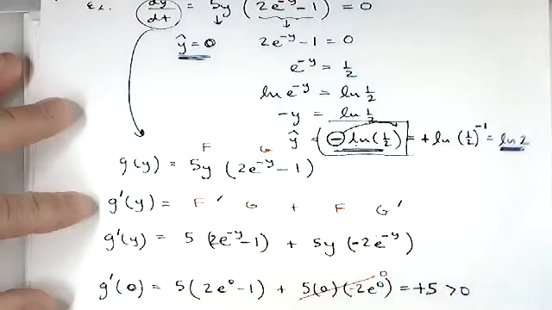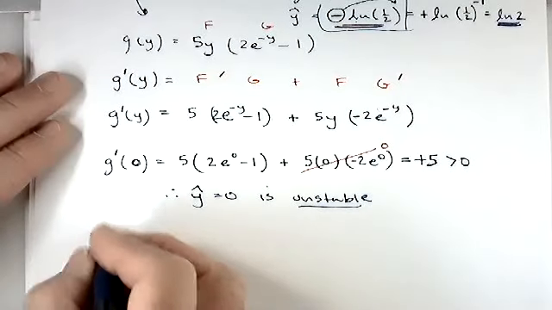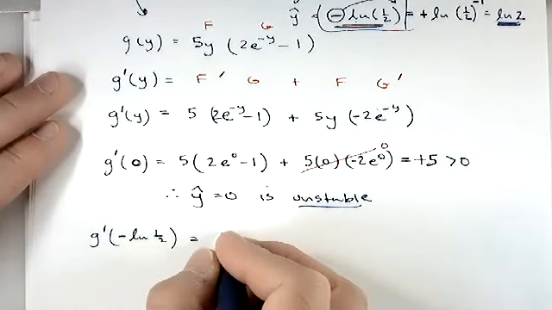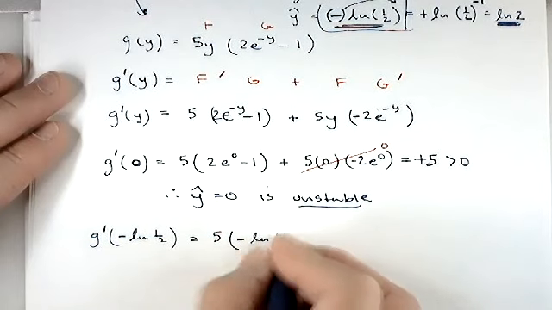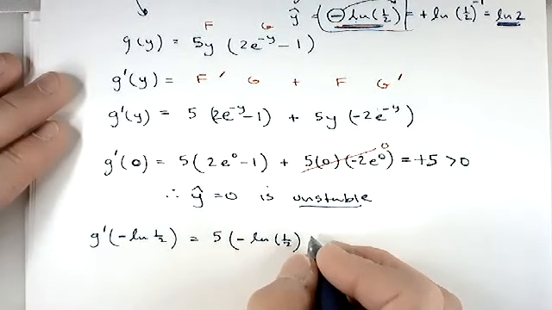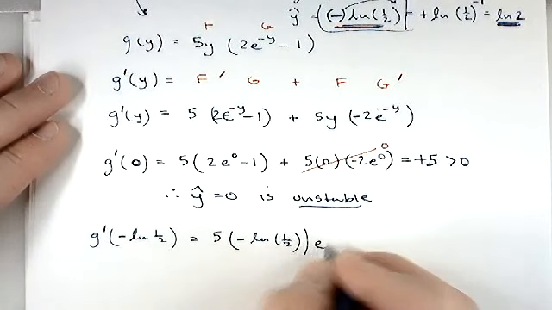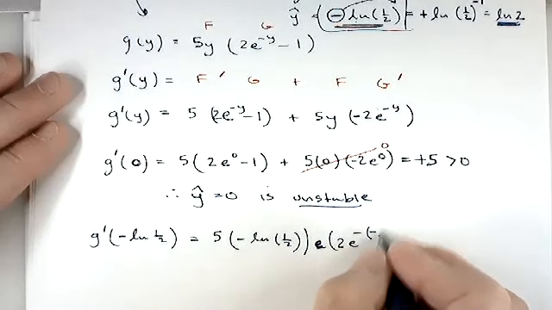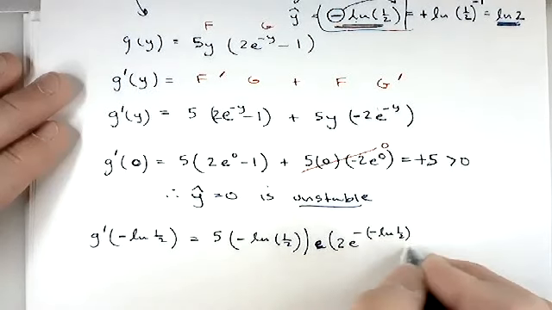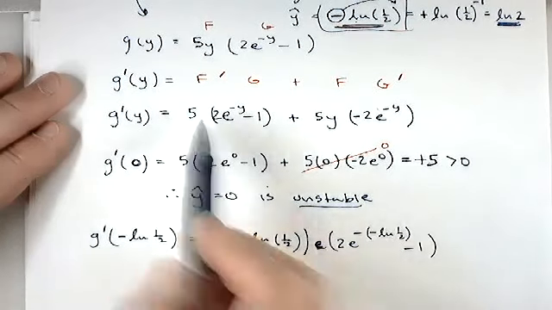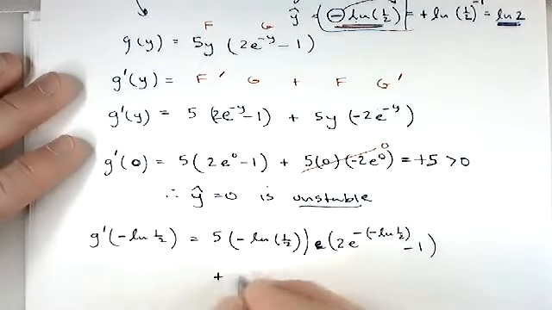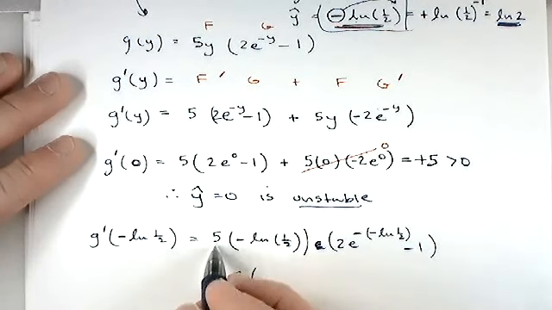You could use either one, but let's do g prime, which gives me 5 times negative ln of 1/2 times 2e to the negative ln of 1/2 minus 1. Oh, wait.